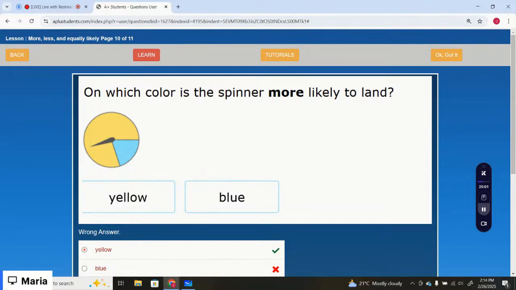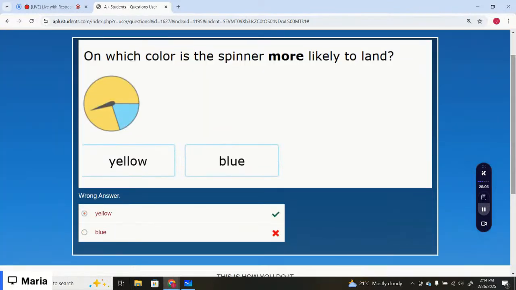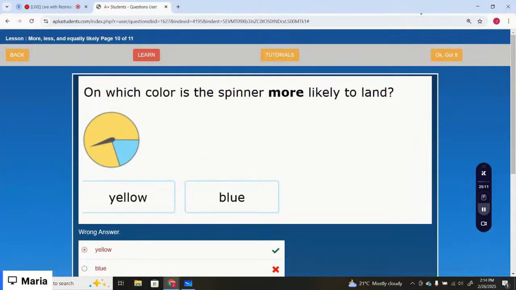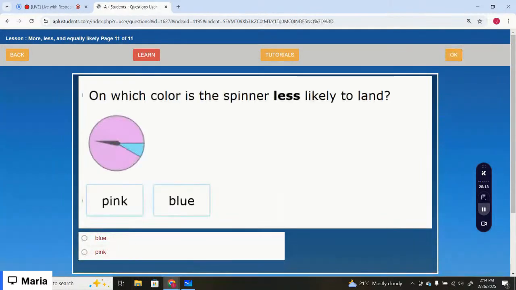On which color is the spinner more likely to land? It will more likely land on yellow because most of the portion is yellow. Sorry, I selected the wrong option. That is yellow. On which color is the spinner less likely to land?